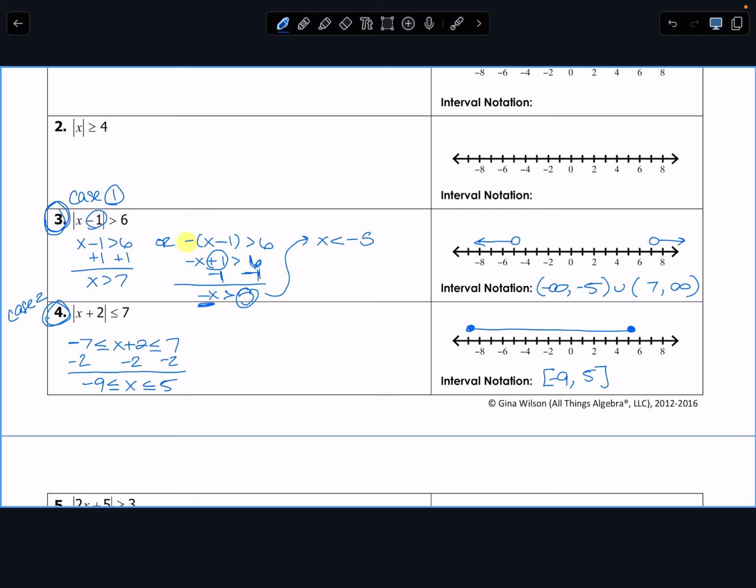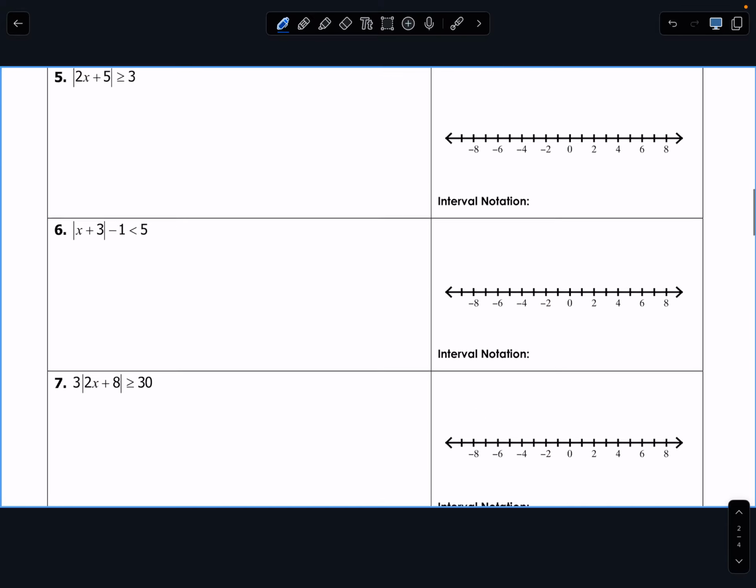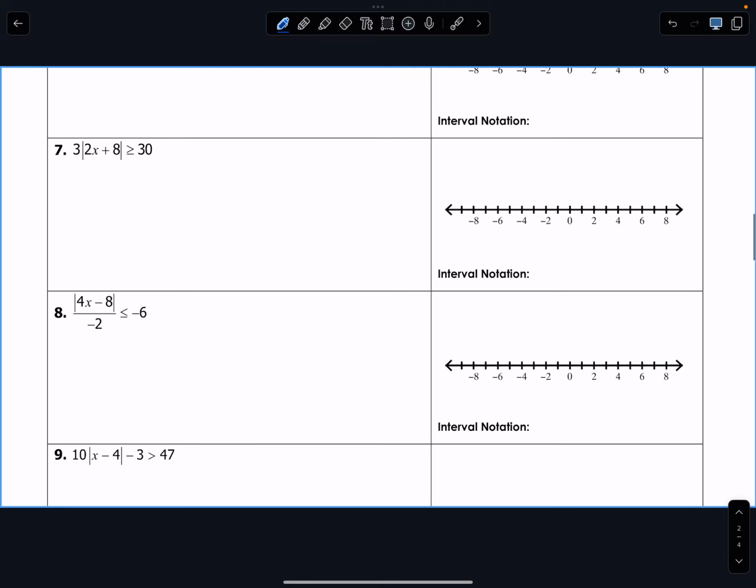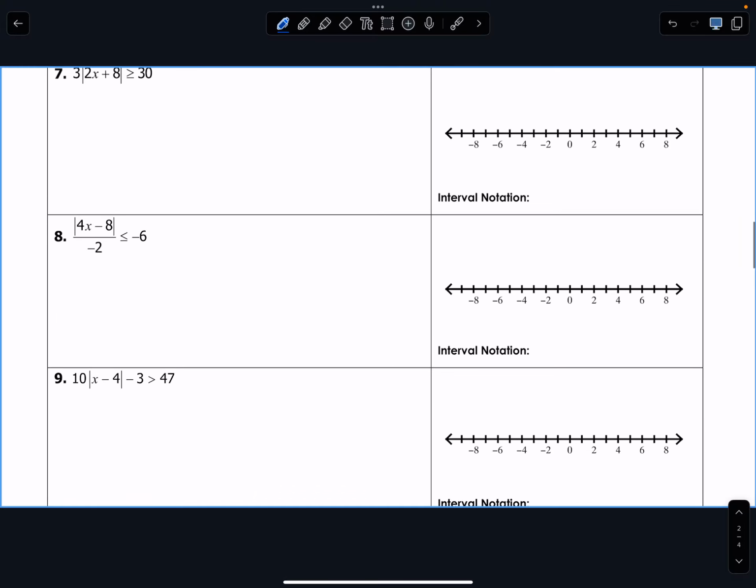So what happens when, let's look at 9 and 10, because 9 and 10 kind of combines 5, 6, 7, and 8 together. One guy is the greater than guy and one guy is the less than guy. So now we have both cases again. So when I have the absolute value not isolated, right?